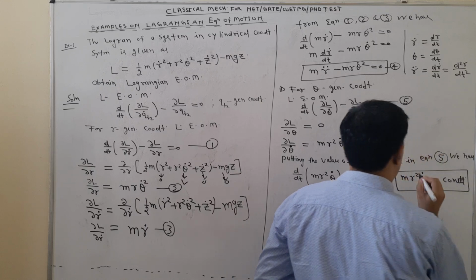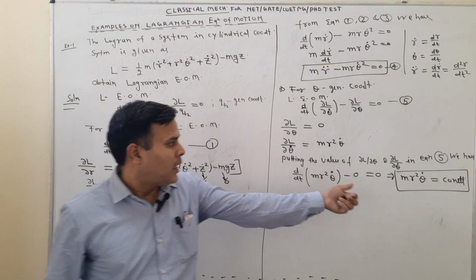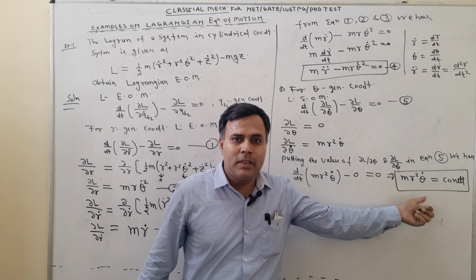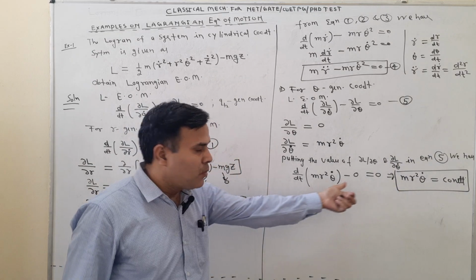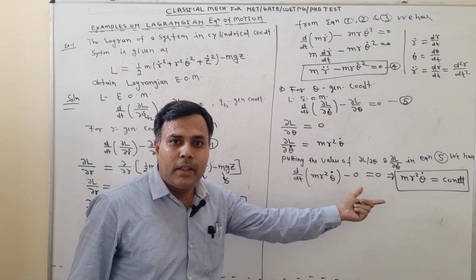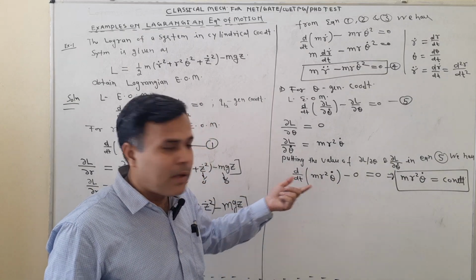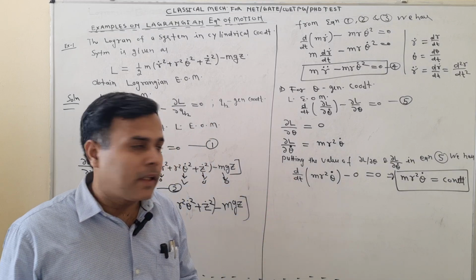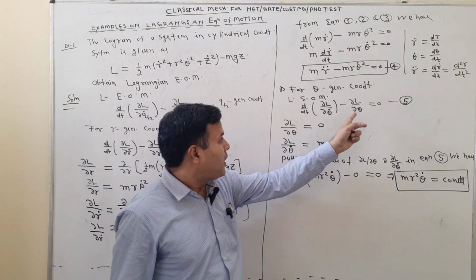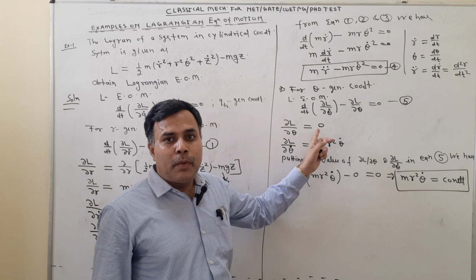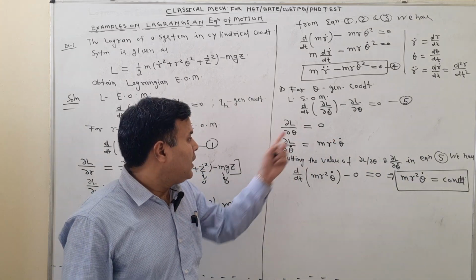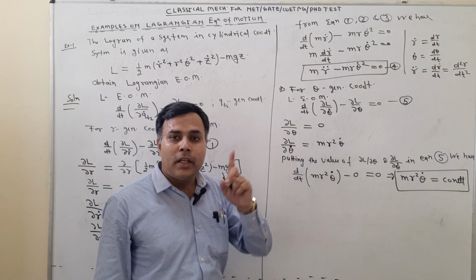So this is another equation of motion, and this is angular momentum, which is a constant of motion. There is no torque acting in this direction. We have already discussed the concept of cyclic coordinate: if del L upon del qk is 0, then qk is cyclic. Here del L upon del theta is 0, so theta is cyclic.